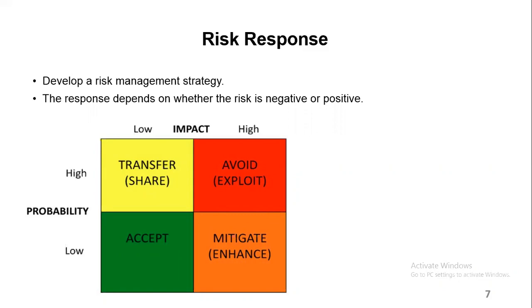If it's a negative risk, let's say you don't have the expertise to do that, so you don't want to take chances. You can just transfer that risk to experts. This is when you give it out to another company, so that company can deal with that specific section.